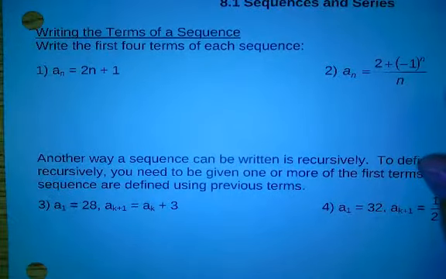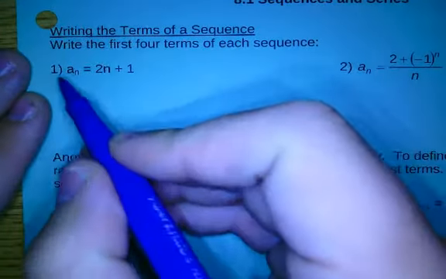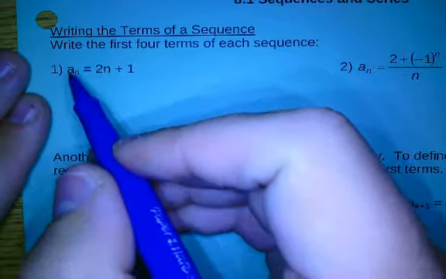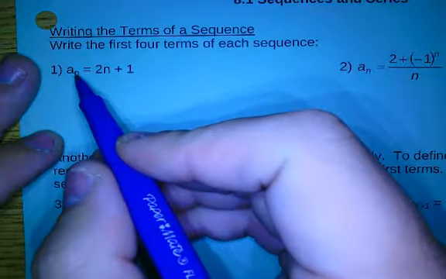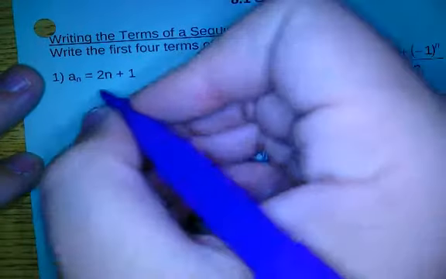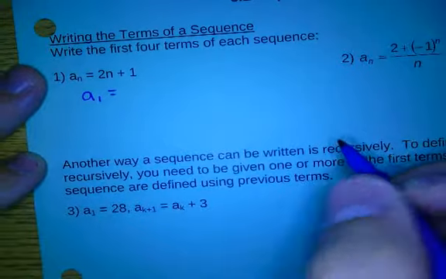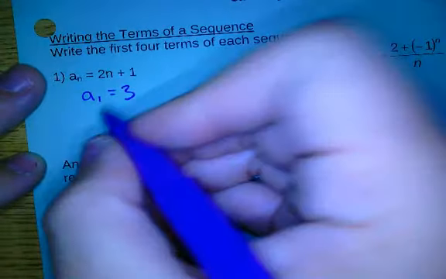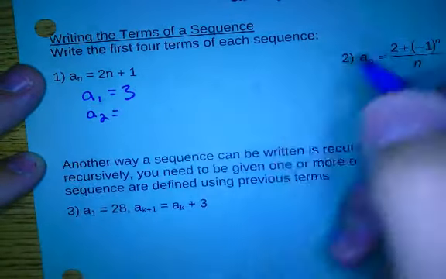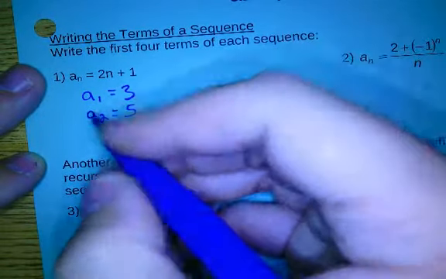Okay, let's write down the first 4 terms of the sequence. If a sub n is the numbered term that you're on, and I want the first term, I would plug in a what for n? A 1. So what is a sub 1? 3. What is a sub 2? 5. Again, we're just plugging in numbers.